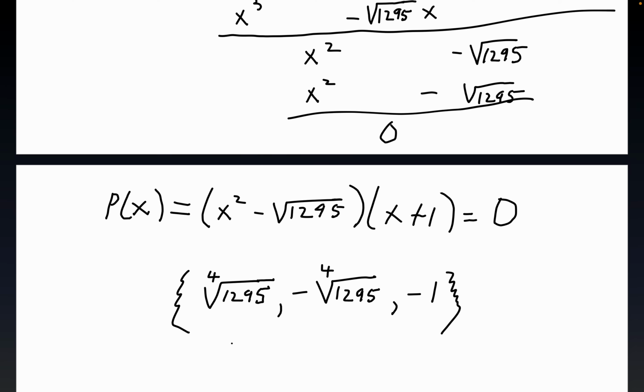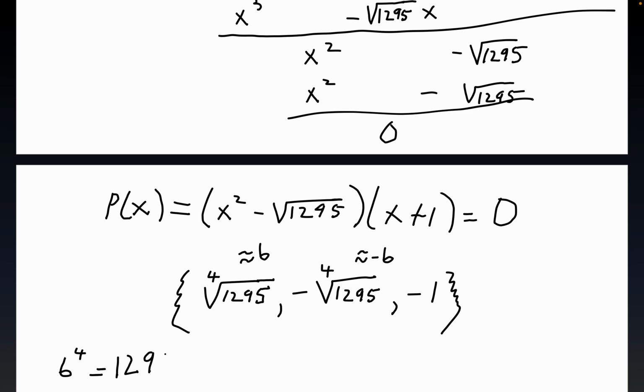The reason I chose this constant, 1295, is that you can say this is approximately 6 and this is approximately negative 6, just to make easy calculations. 6 to the 4th power is 1296, so these numbers are just a little bit shy of 6 and negative 6.